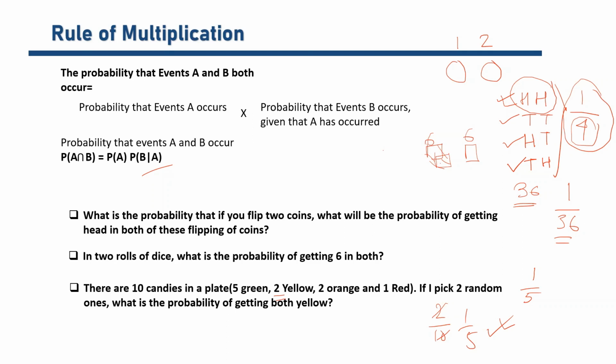See, I am not replacing them, right? So for example, if I'm picking 1 and that event is not, so for example, if I picked 1, which is yellow, so the next time you pick something else will be 1 by 9, right? But here I am picking 2 at once.